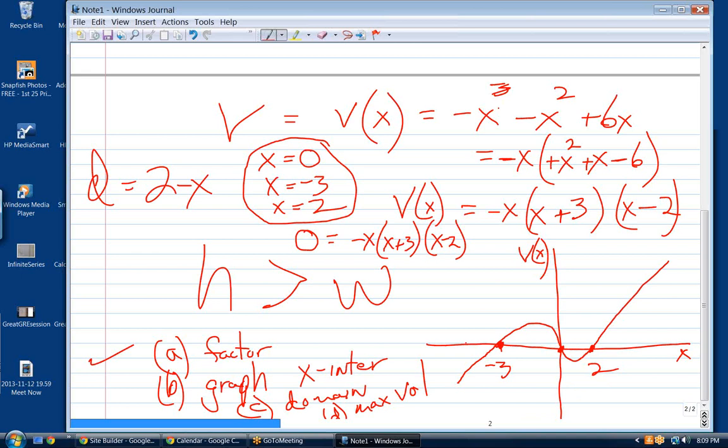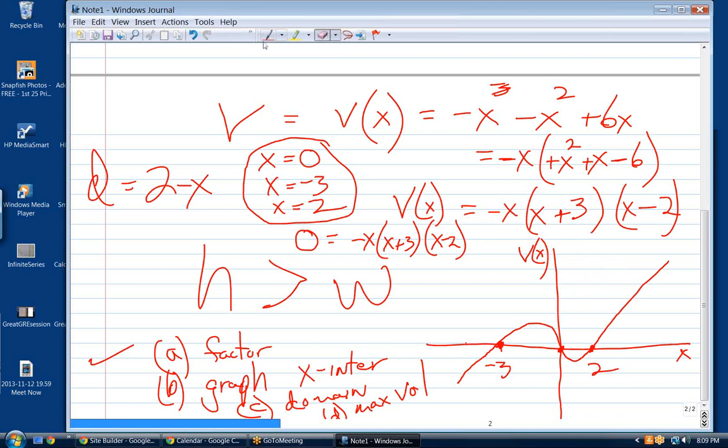In other words, this is a third degree polynomial. That means it can have at most two extrema here. This is a local maximum, this is a local minimum. But you know what I mean by that. If I had y equals x squared, it looks like this because it can only have one vertex.